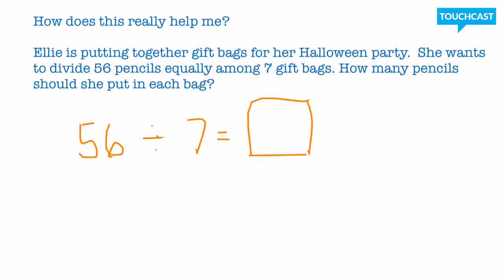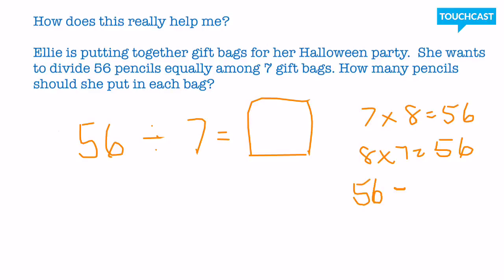I don't know how many pencils she should put into each bag, but if I tap into what I know about fact families, we did it a couple slides ago where we said 7 times 8 was 56, 8 times 7 was 56, 56 divided by 7 was 8, and 56, whoops, sorry, that got a little messy, divided by 8 was 7.